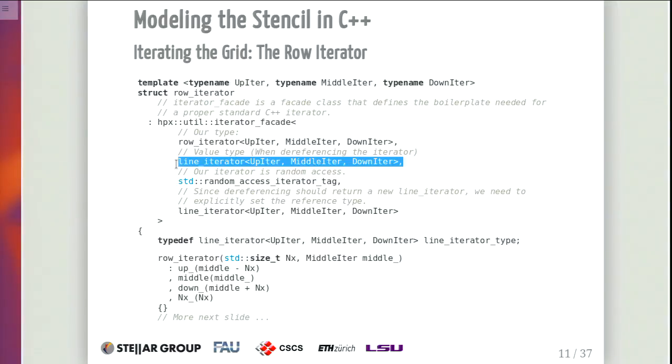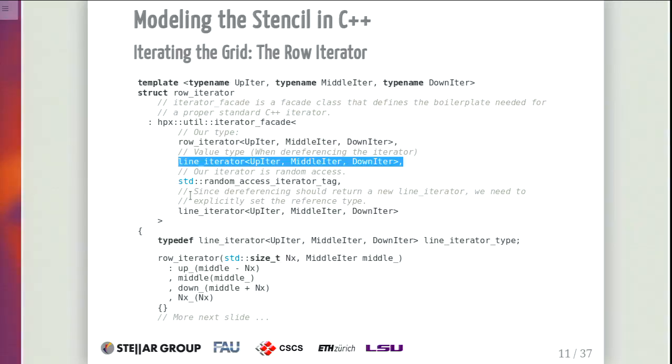And the addition here is that the iterator facade has additional parameters so that you can override the reference type that you get when dereferencing the iterator. So it's a little bit hand-waving, because for the row iterator, we don't return a reference but a new value, right?